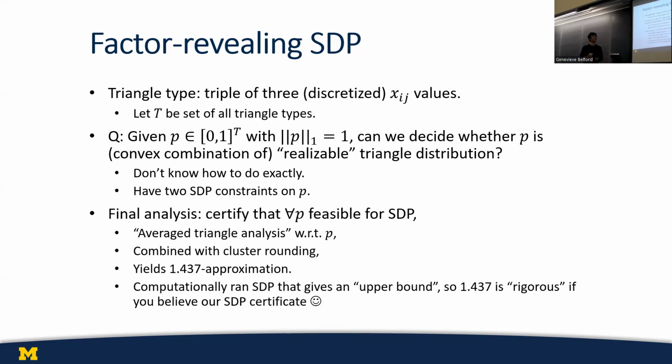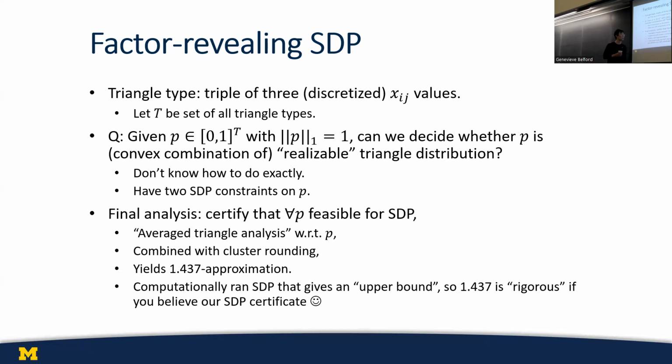Then our final analysis is to certify that for any P feasible for that SDP, which is a necessary condition for actually being realized as an instance. Once you have P, you have a whole distribution of triangles. Then you can do some kind of average triangle analysis, because if you think about the previous claim, each triangle will have a different approximation ratio, and it may not be the case that the worst case triangle always occurs.